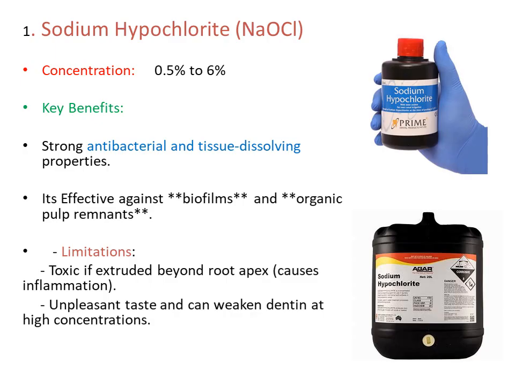So we have to be very careful when using sodium hypochlorite. We should inject it very gently and in a very small quantity, whatever we need, and not inject it forcefully so that it doesn't cross the apical foramina and cause inflammation. But otherwise, it has multiple good advantages.